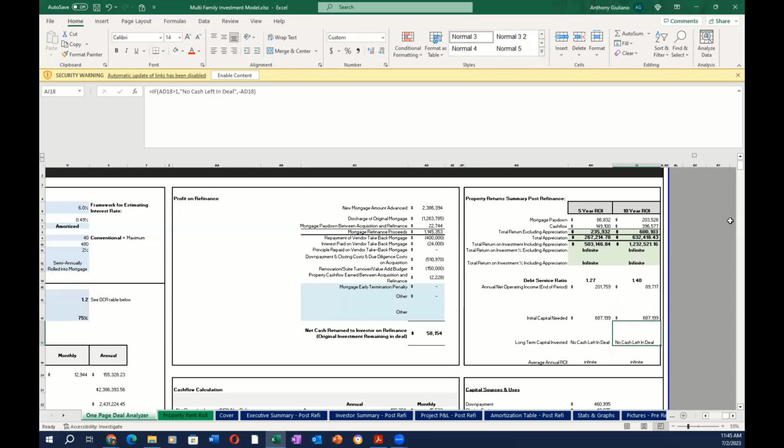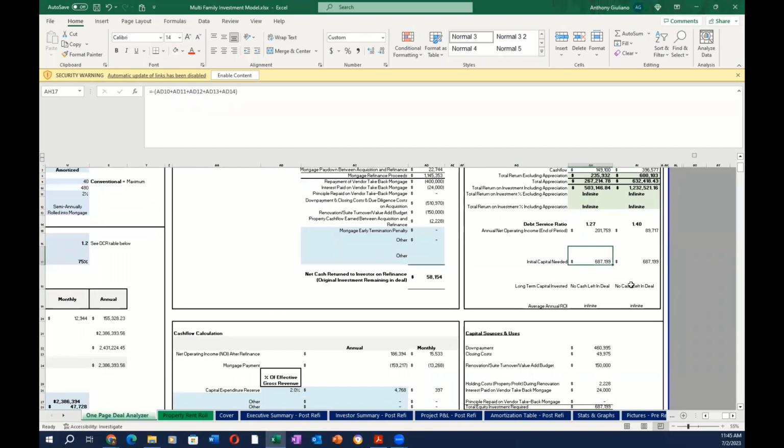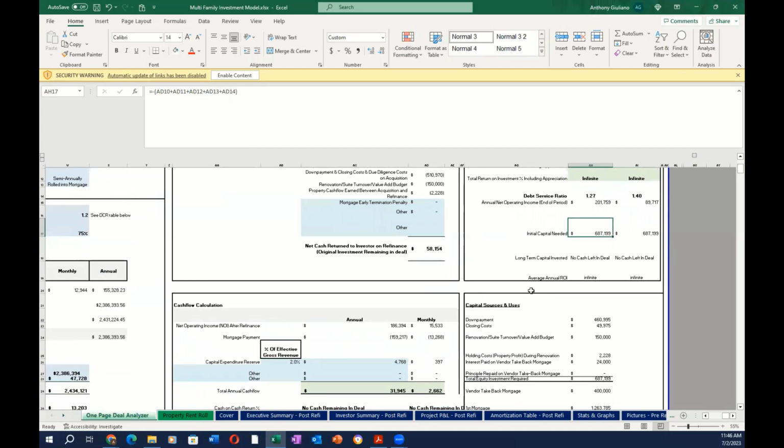It'll also give you a summary of the initial capital. So this is a summary of the total capital needed to do the deal, and then a summary of the long-term capital that will be left in the deal. Based on our assumptions here, we know that we needed about 500 and change to purchase the property, another 150 and change to do the renovations.